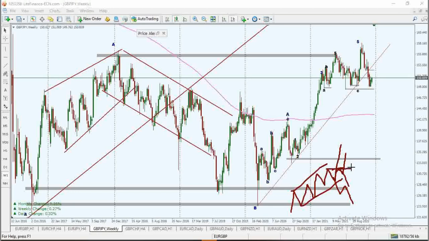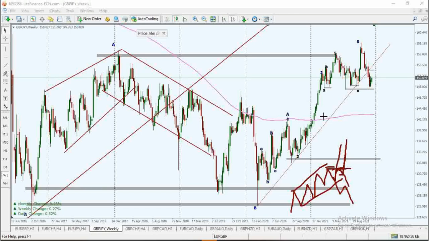One who is looking to sell here will put his stop loss here, and maybe a crazy trader that doesn't have a stop loss, when this goes up, will be trapped. So you're going to keep adjusting your stop loss, and I speak about this many times: if you enter into a bad trade, the best thing to do is to leave. You can re-enter when the market is ready to commit to you as a trader.